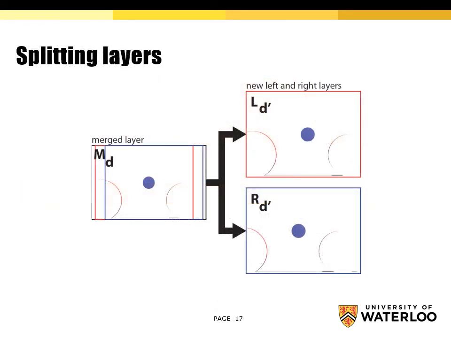Now that we have all the merged layers of an image with the holes filled, we need to separate them out into the left and right image. In a similar way to how we created the merged image by superimposing the left and right image, we split them out by using an offset of the disparity that belongs to that layer.